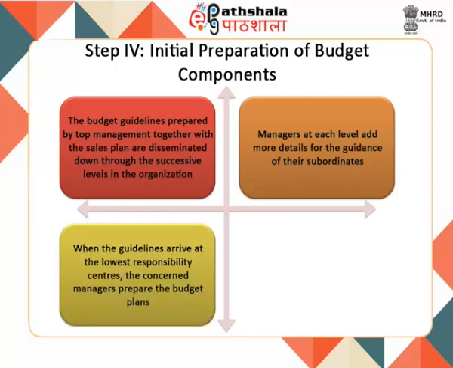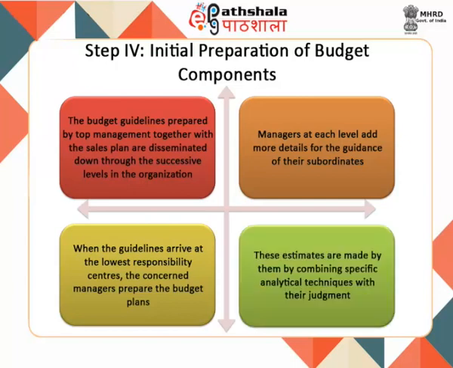When the guidelines arrive at the lowest responsibility center, the concerned manager prepares the budget plans for the items falling within his sphere, keeping in mind the constraints specified in the guidelines. These estimates are made by him by combining specific analytical techniques with his judgment.